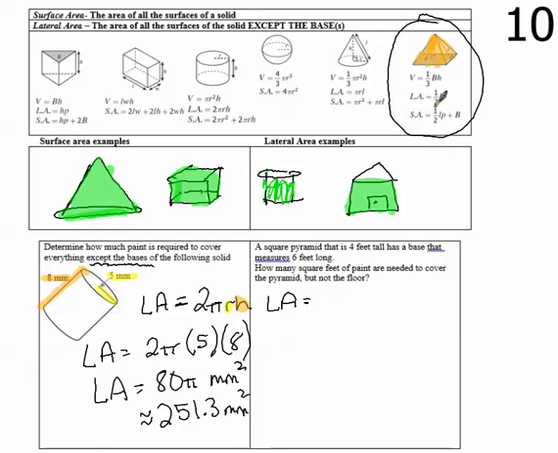So my formula is 1/2 L P, remember L is the slant height, P is for perimeter. So probably going to have to do some Pythagorean theorem. The base measures 6 feet long. Here is my L. You see how we're going to do slant height?